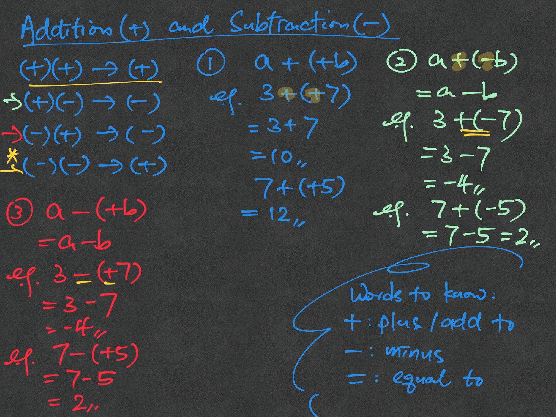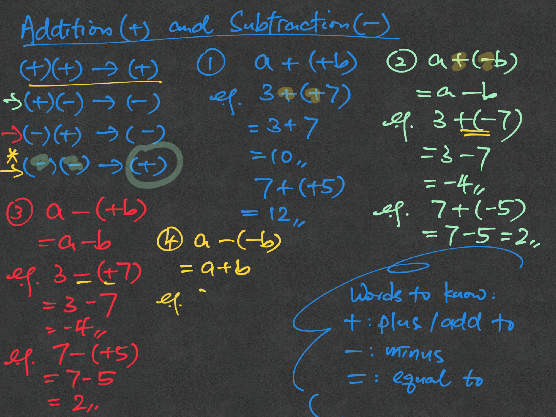Now we come to the last challenge, which is very complicated or difficult. Negative, negative. Rule number 4 tells you that when we have a minus negative b, it turns to a plus b. So this is the meaning of 2 negative signs turning to a positive. For example, 3 minus negative 7 is equal to 3 plus 7.